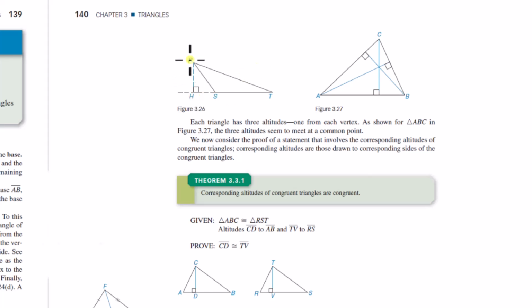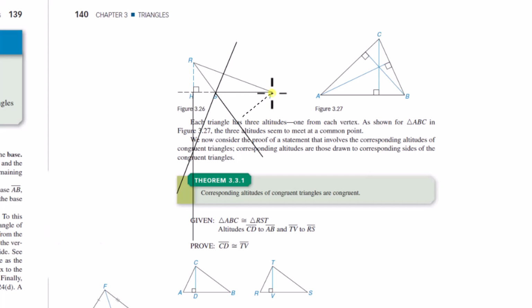So here's one of the altitudes. Okay, so another altitude would be like that. Okay, so we need to extend these. Okay, now extend that one.